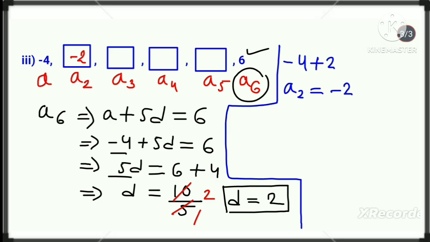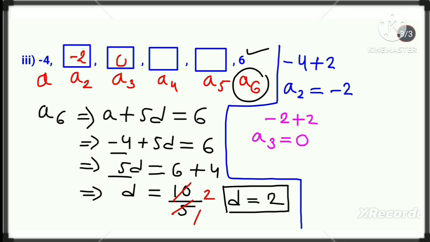Similarly, when we add the common difference to the second term, we can obtain our third term. So our second term is minus 2 and the common difference is 2. So we obtain A3 will be 0.